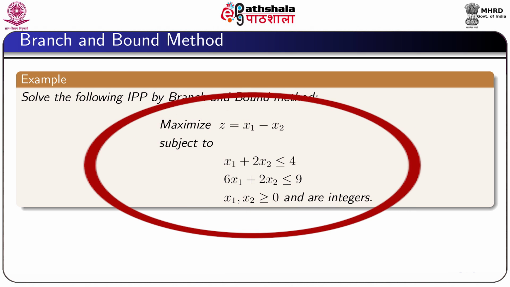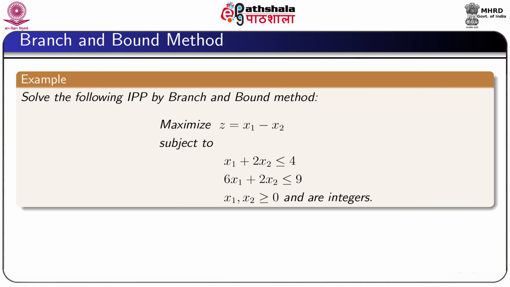Consider the following example: maximize z equal to x1 minus x2 subject to x1 plus 2x2 is less than equal to 4, 6x1 plus 2x2 is less than equal to 9, x1, x2 is greater than equal to 0 and are integers. This problem is an all integer programming problem.